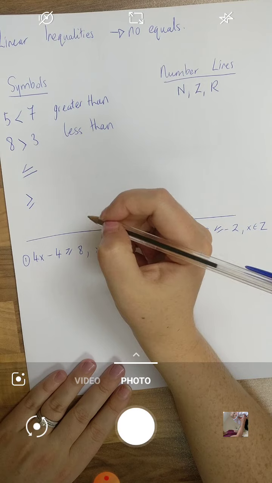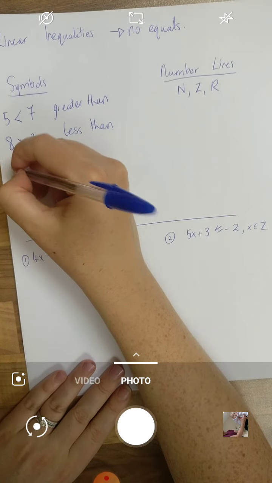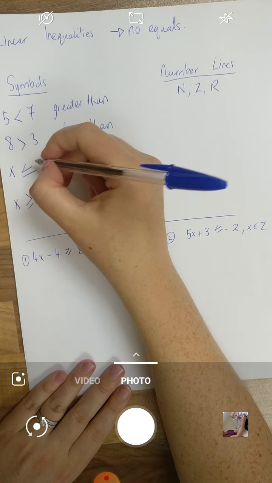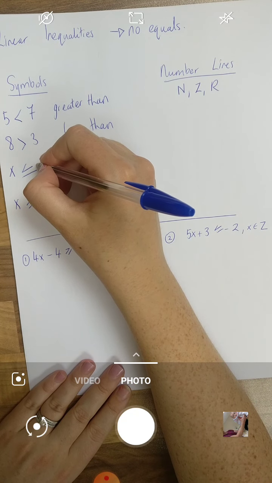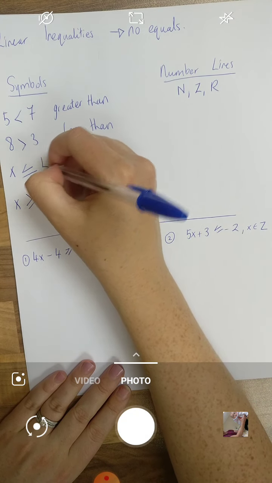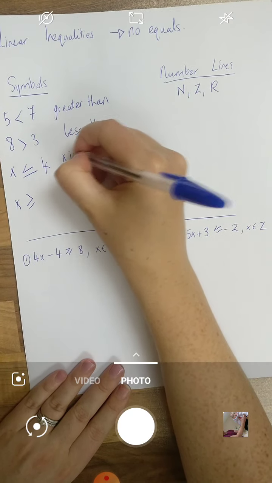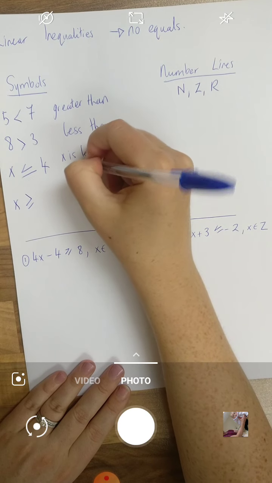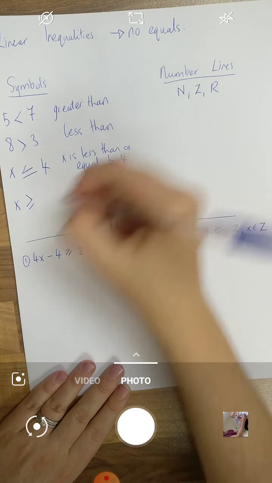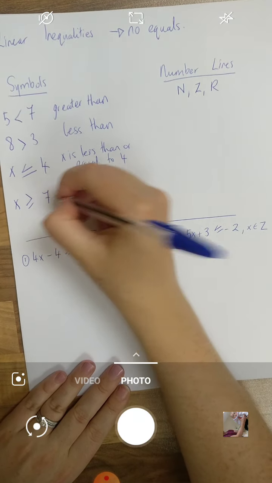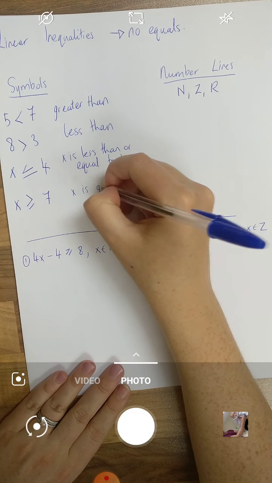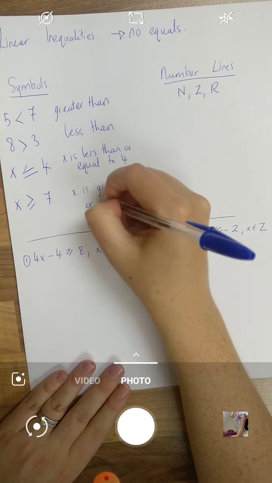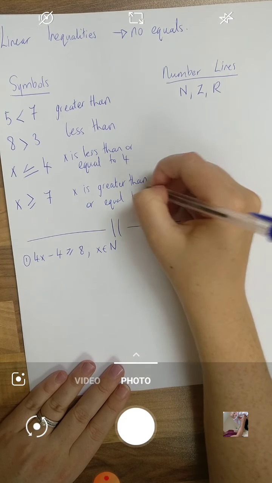And here when we're looking at algebra, this is going to be x is less than or equal to 4. And this one here is x is greater than or equal to 7.